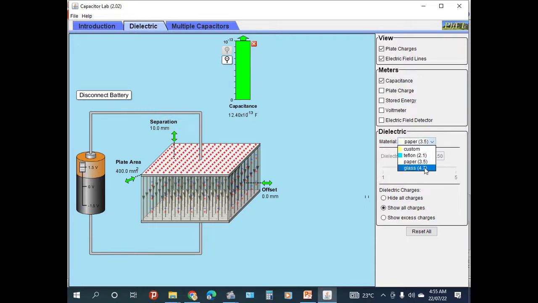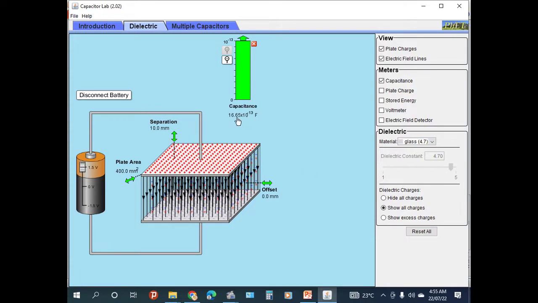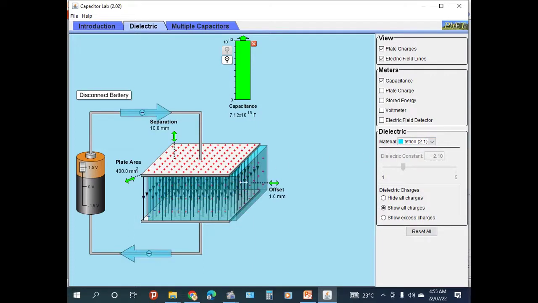And as the constant increases, the capacitance of the capacitor increases, to 16.65 and 7.44, depending on the material.